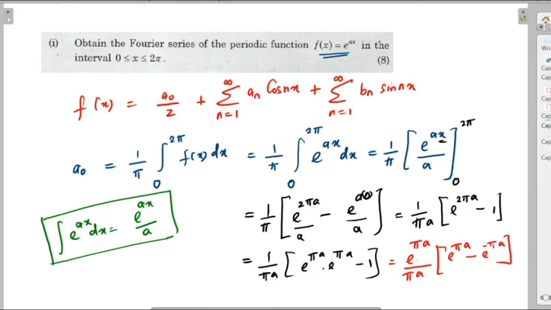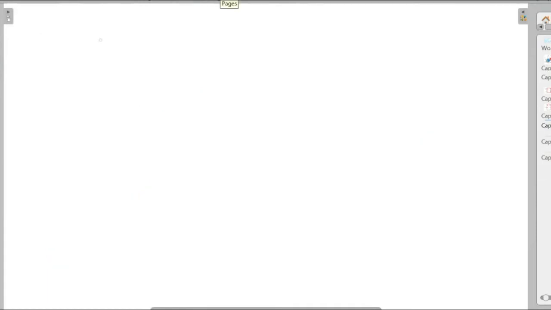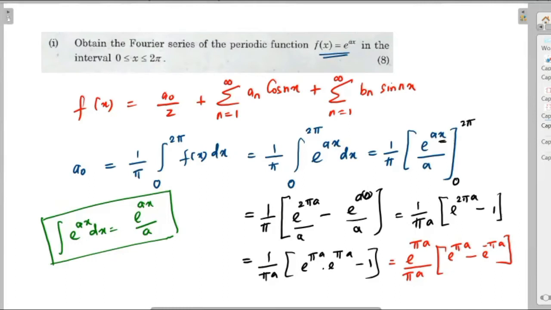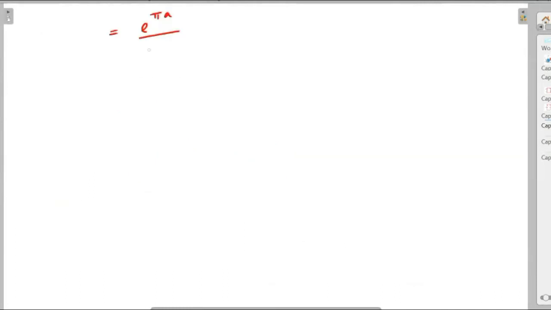Right? If you multiply this term to close bracket, you may get the original term, previous term. Right? So which is equal to e power pi a divided by pi a into e power pi a minus e power minus pi a.